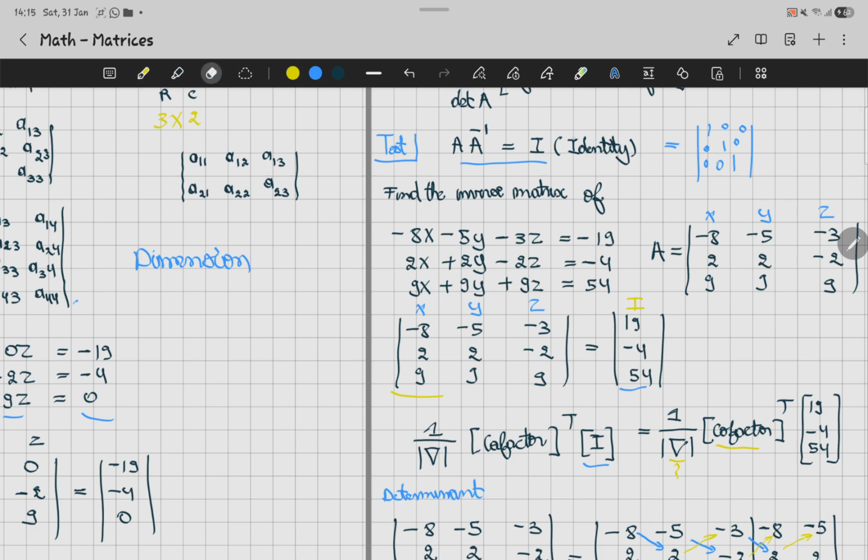So what you see here is not identity, it's actually the unknown that we're going to find. This is I. In short, I can just write it like this: 19, negative 4, 54. So this is what the value of I is for testing purposes.